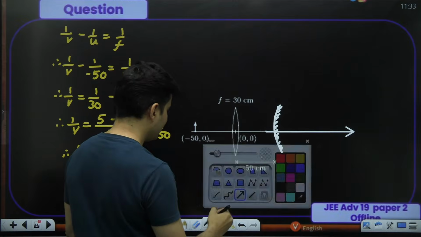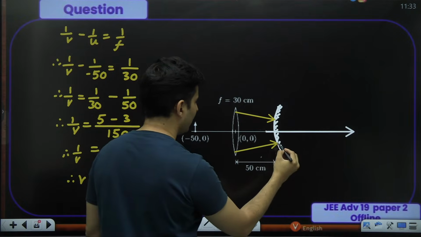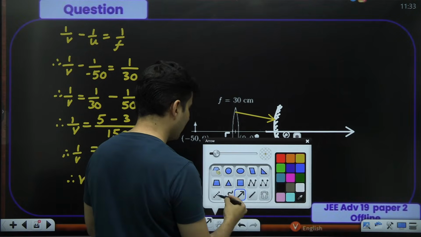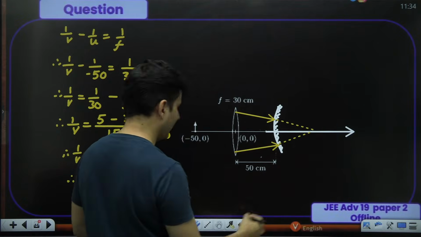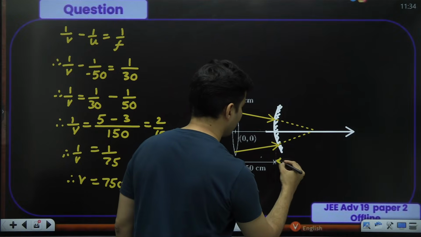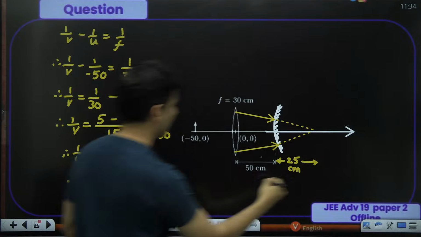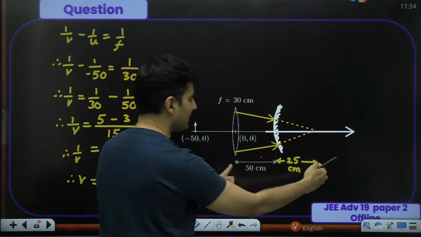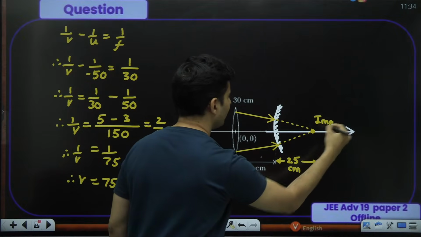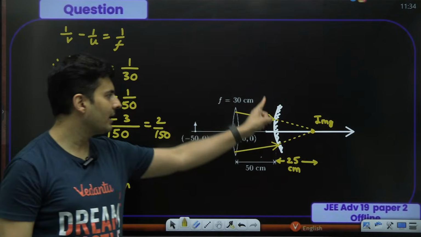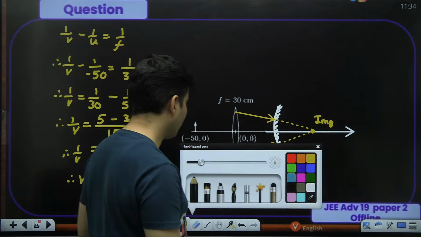The rays coming from the lens are essentially trying to form the image somewhere over here, and that distance from here to here is obviously 25 centimeters, because the total image distance from the lens is 75 centimeters. So this is where the image is going to be formed. But that image will act like an object for the mirror.